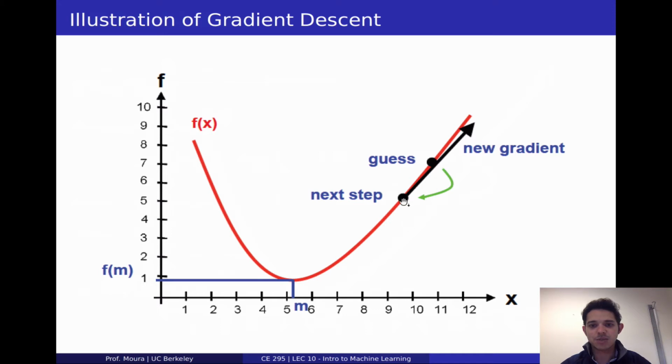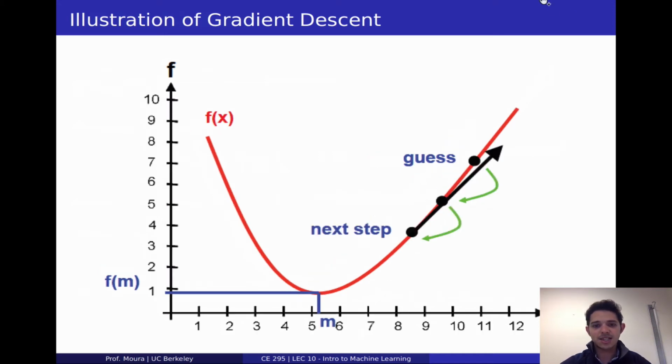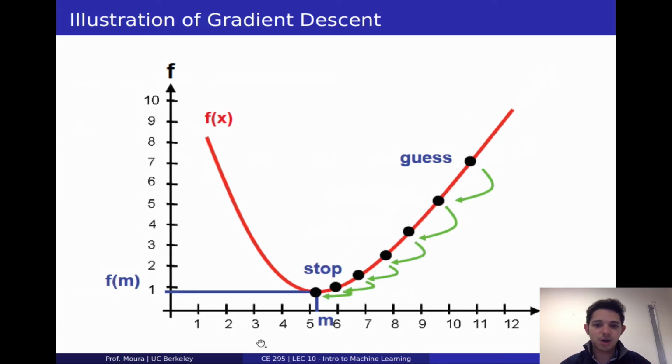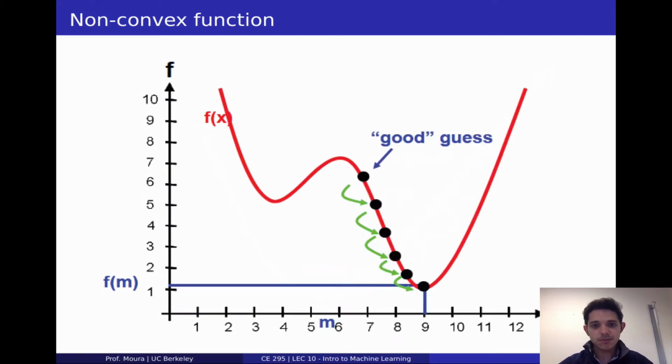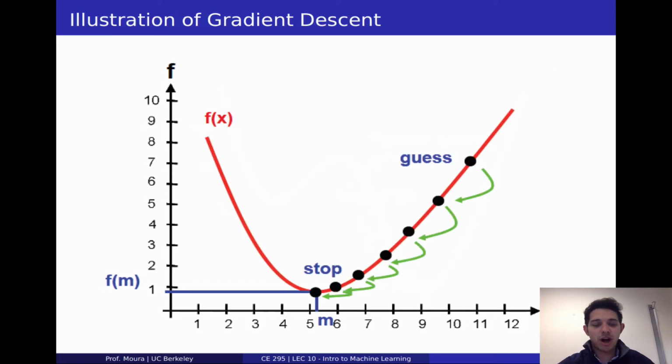Since it's increasing, we'll step in the direction of decreasing x, and so forth. And then we keep this process going until we get to the point where the slope becomes 0 or nearly 0. And when that occurs, we know that we've satisfied the first order necessary condition, and we are at a stationary point.